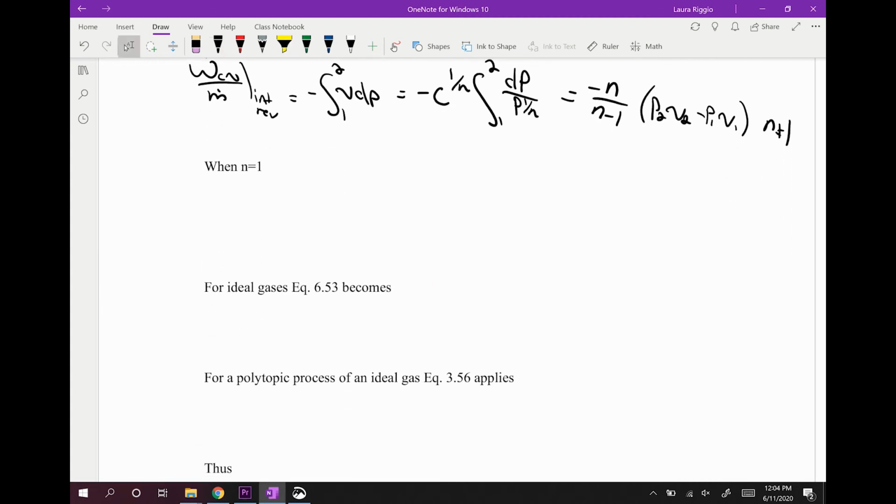If n is equal to 1, we get that our work is going to be equal to minus the integral from 1 to 2 of VdP.